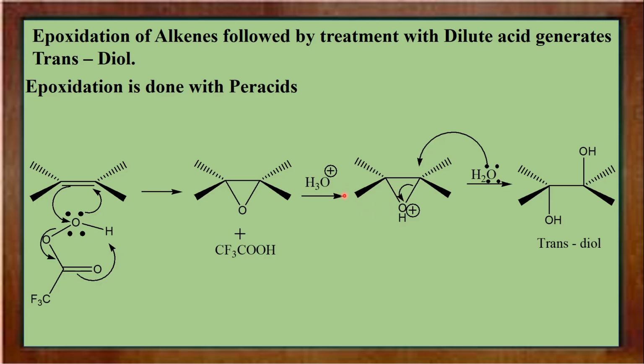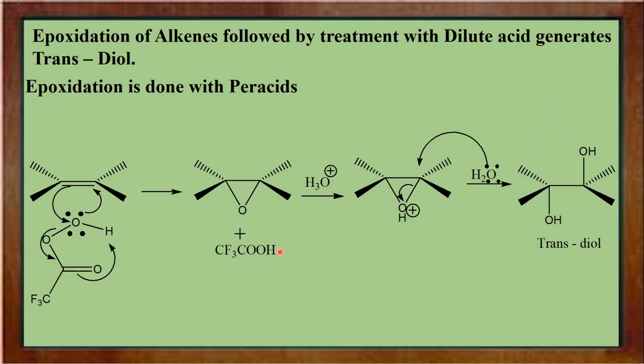And after the proton is given here, what is remaining is water. So water with its lone pair attacks from the backside of the ring, making a new bond here. And this bond is shifted to oxygen. And this is how a trans diol is generated.